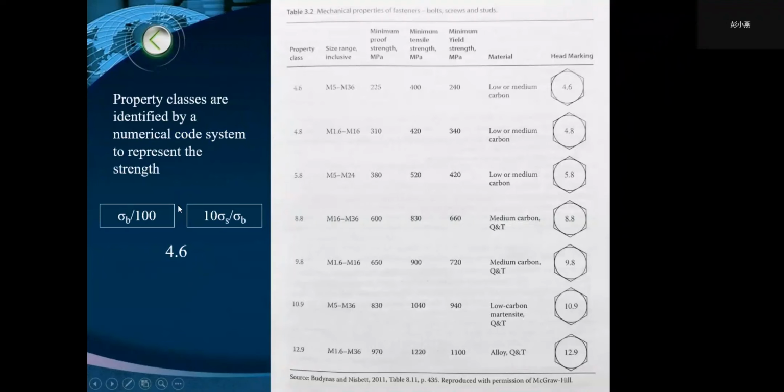The numerator before the decimal point is the tensile stress divided by 100, and the numerator following the decimal point is 10 times the ratio of yield stress to tensile stress. And so from the property class, we can know the tensile stress and the yield stress.